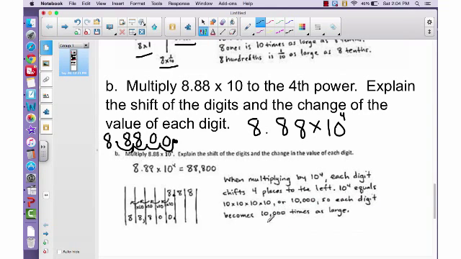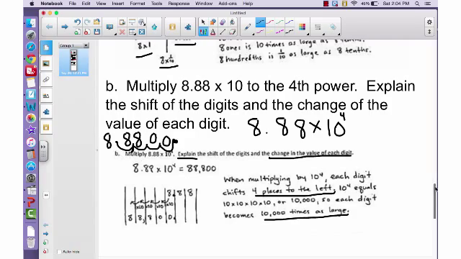So each digit becomes 10,000 times as large, or 10,000 times bigger. That is what you need to explain the shift of the digits. Moving 4 places to the left is the shift of the digits. And why the value of each digit changes, because it's getting 10,000 times bigger.